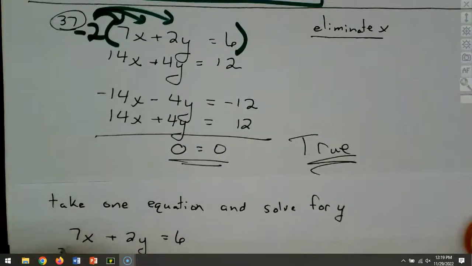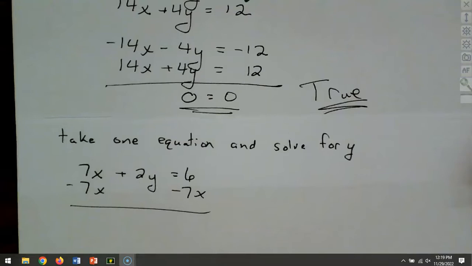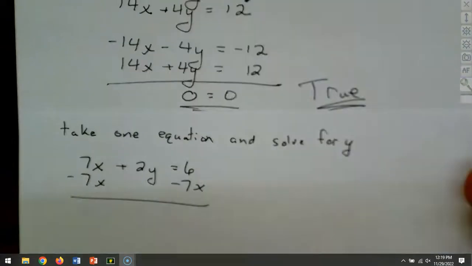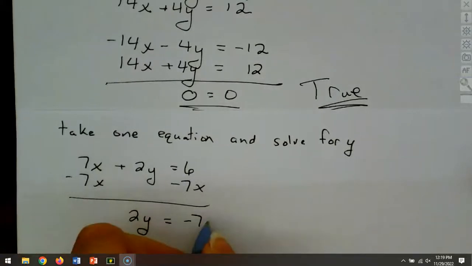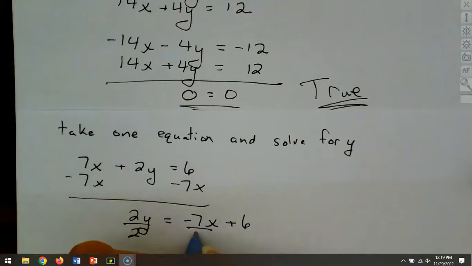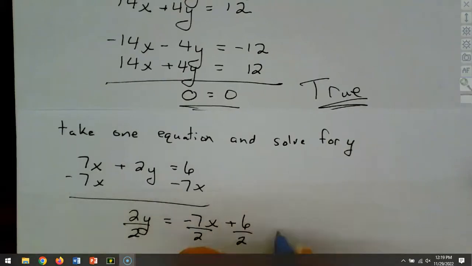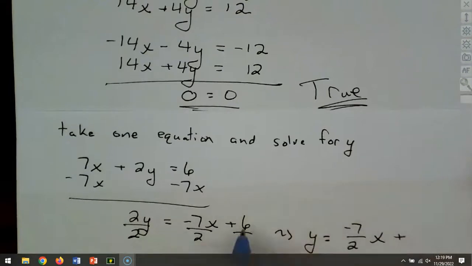We're going to solve this for y, just like you were getting it in slope-intercept form. So now we've got 2y = -7x + 6. Divide by your 2. And that leaves you with y = -7/2 x, and 6 over 2 makes it a 3.